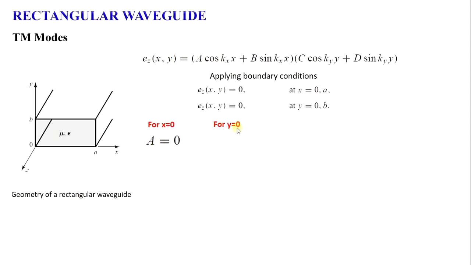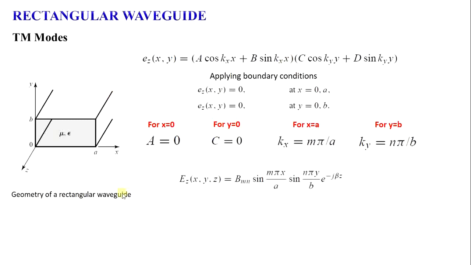Similarly, if we put y equal to 0 in this equation, we will get C equal to 0, and if we put x equal to a in this equation, we will get kx equal to mπ/a. For y equal to b, we get ky equal to nπ/b.